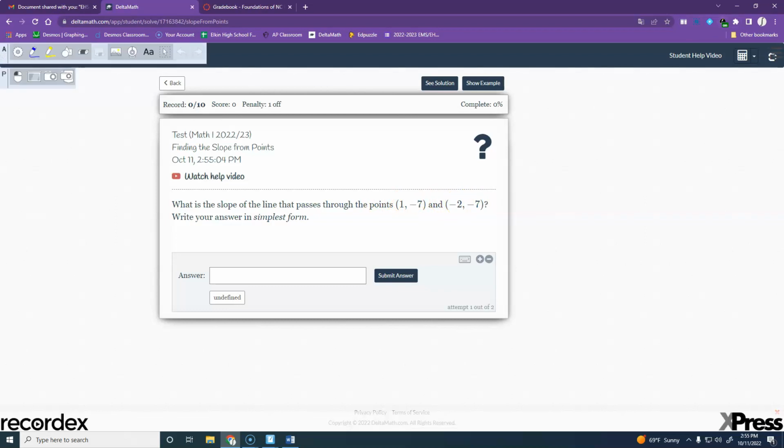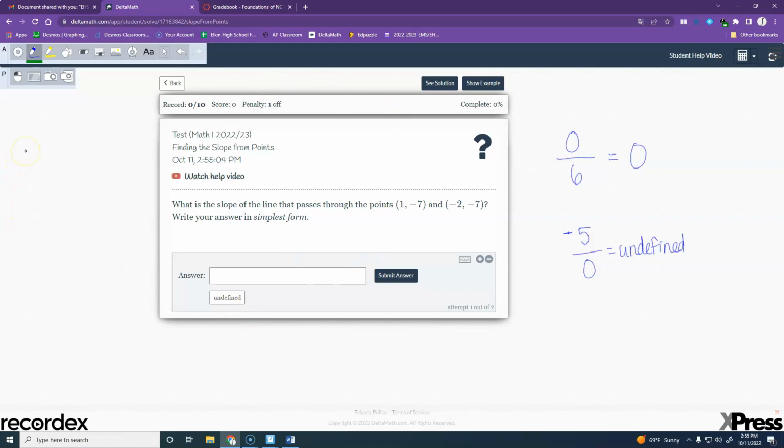Let me remind you, what if you get 0 over 6 as your slope? What does that equal? That is 0. What about if you get negative 5 over 0 as your slope? Undefined. That is undefined. So you're going to see some that are undefined. It's going to have that button right there where you just click undefined and submit that as your answer. Okay?